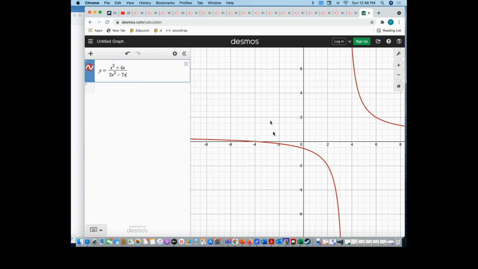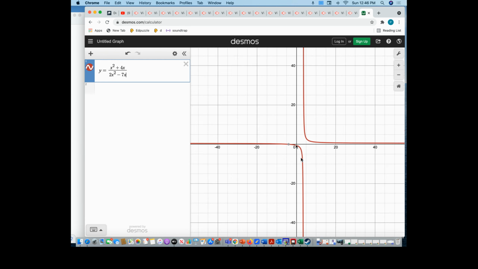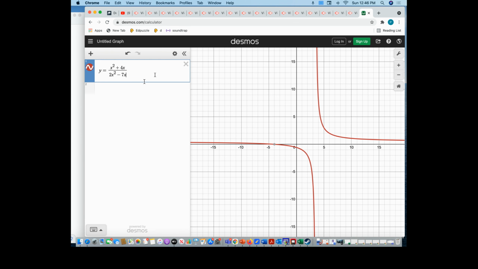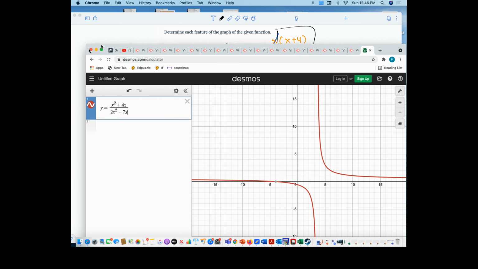And so if we said the x-intercept is when y is 0, we see, if we look closely, let me double check here, the x-intercept is when y is 0.